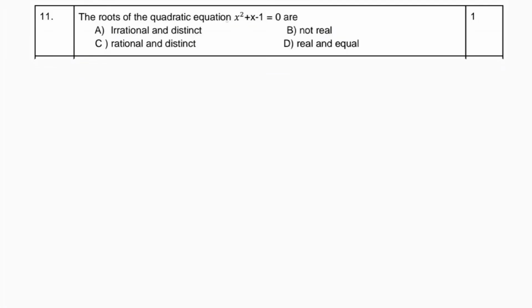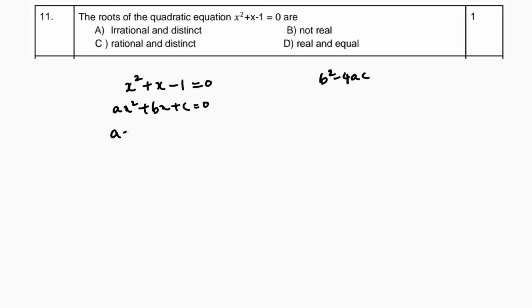The roots of the quadratic equation: x square plus x minus 1 equals 0. If we compare with the standard one, ax square plus bx plus c equals 0, the options are about the nature of the roots. So we need to find b square minus 4ac, then we'll decide what type of nature it is.